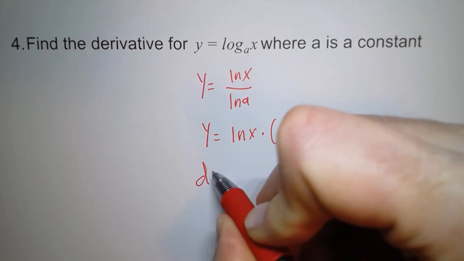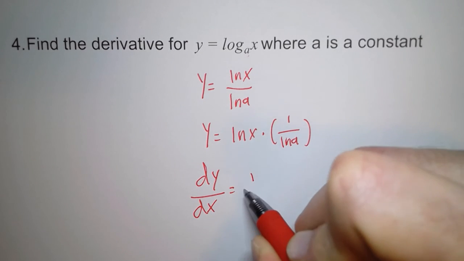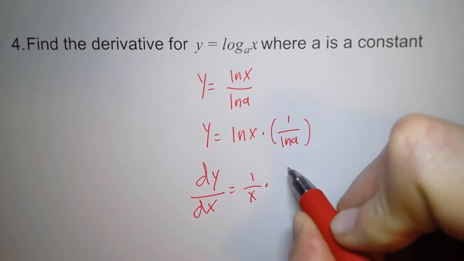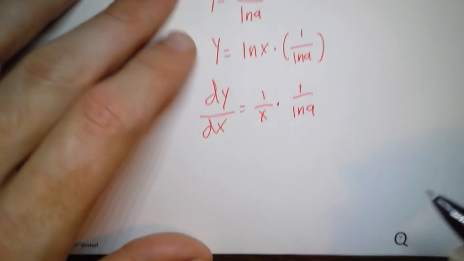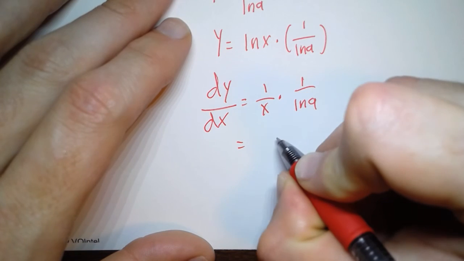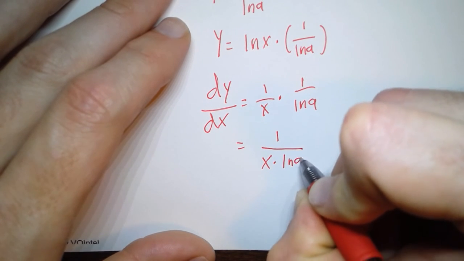And so the derivative, dy dx, is going to be 1 over x times 1 over ln of a. And when we put those two together, we have 1 over x times ln of a.